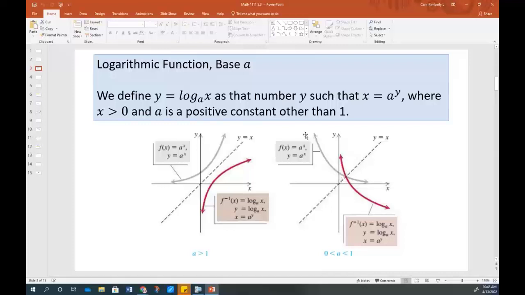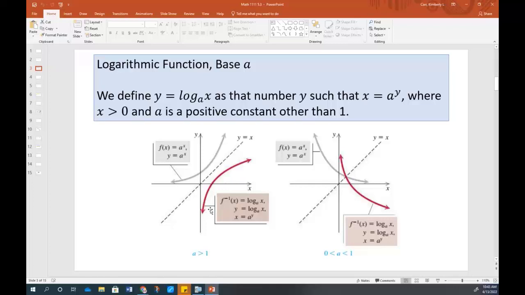And over here, if we had an exponential decay where it was getting smaller, and you see that in gray, if you reflect that, this red line is the logarithm that will go with that. So if we have a base that is a positive fraction, a number between 0 and 1, this is what our logarithm looks like. If you have a logarithm with a base bigger than 1, this is what the logarithm looks like.